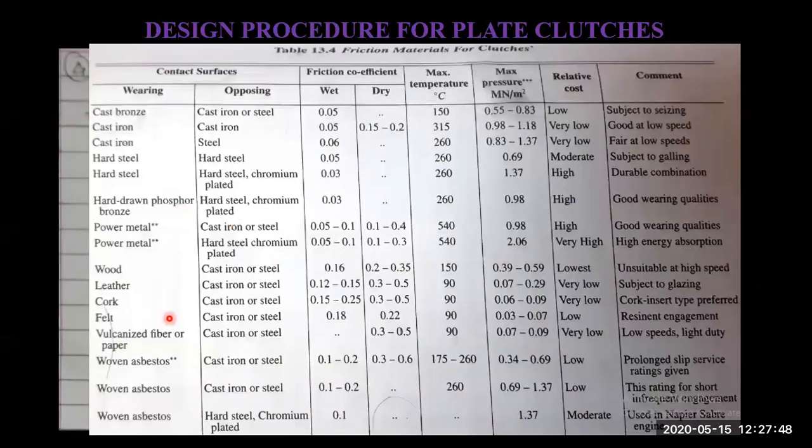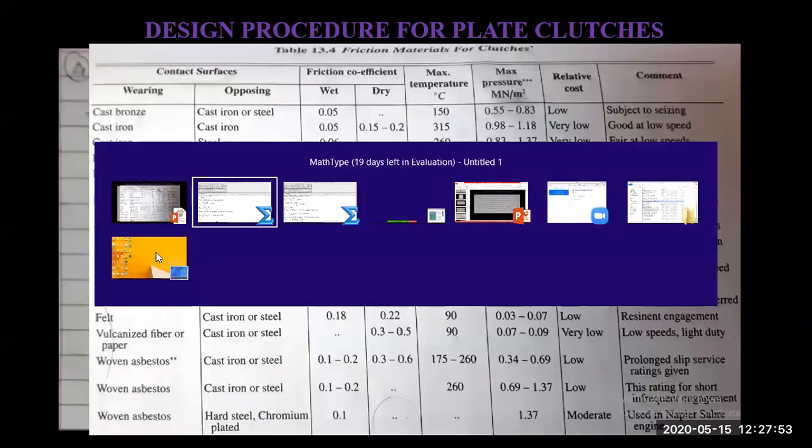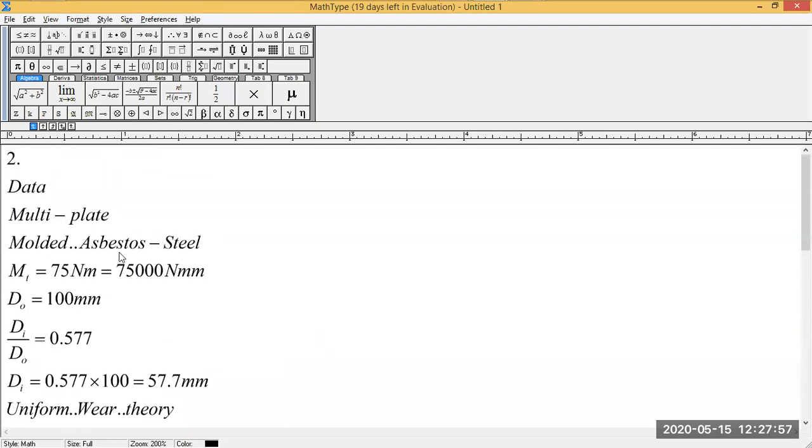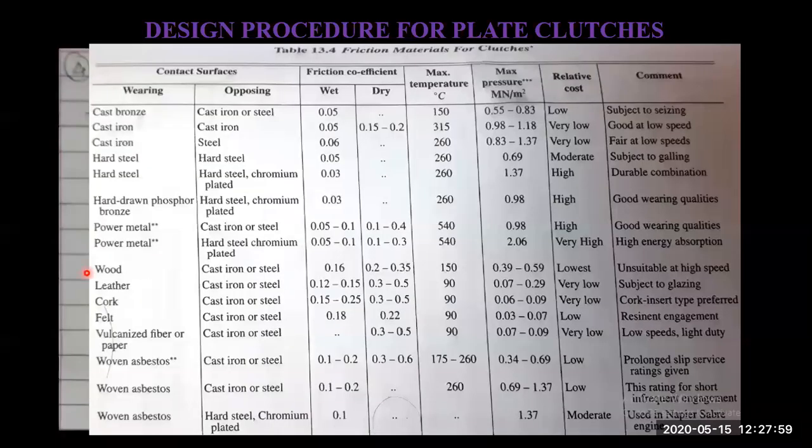Right here. So the given material was, what was the material? The molded asbestos steel. Let's search asbestos. Here there is no molded asbestos. There is only woven asbestos and steel, so this is the only combination I can find. There are two such combinations, and we can choose either of them, I guess.